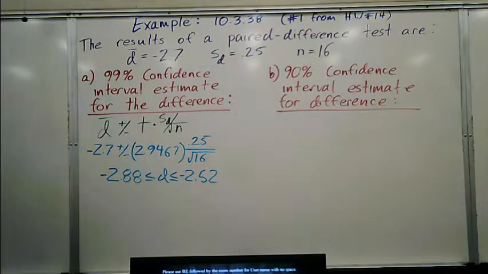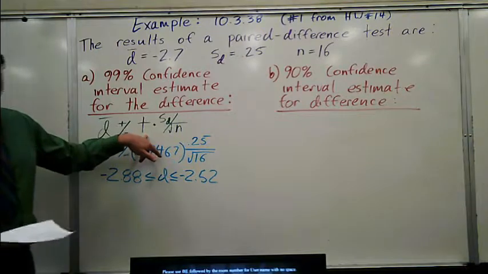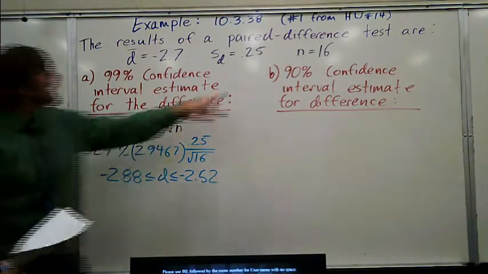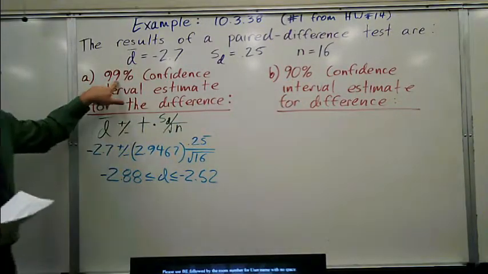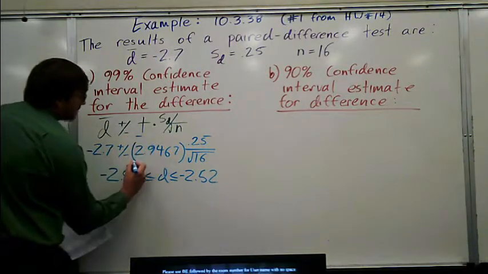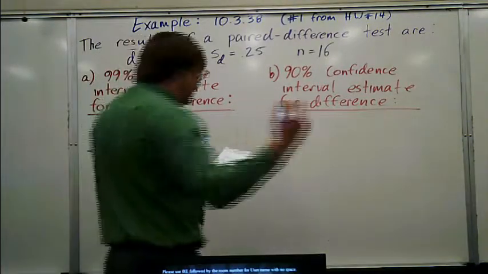Next up, of course, the only thing that changes here is our t-value, because now our t-value is based on 15 degrees of freedom and a 90% confidence interval rather than the 99%. So only thing that changes is our t-value right here, and when I looked that up, I got 1.7531.